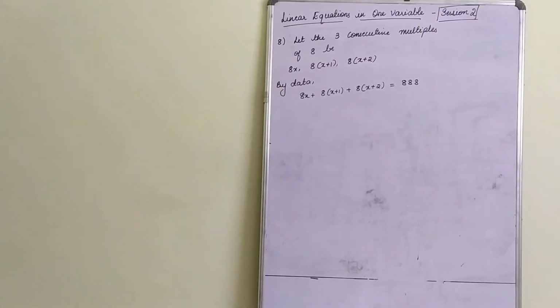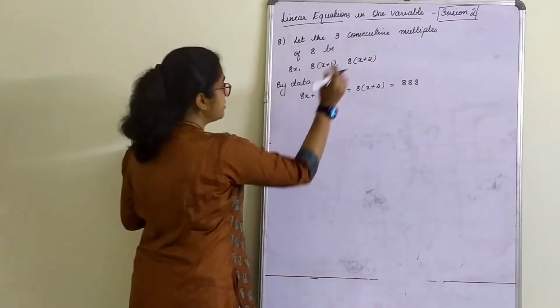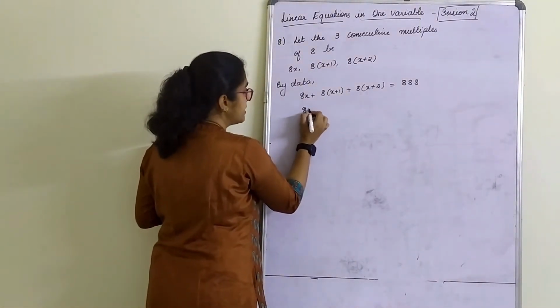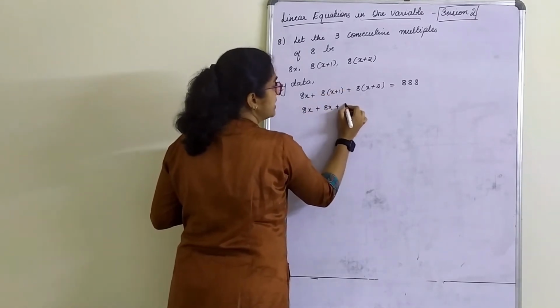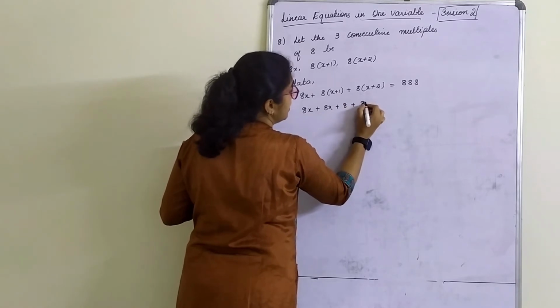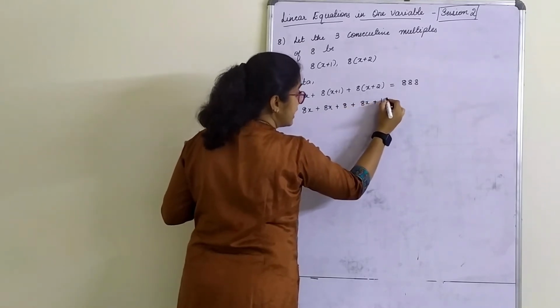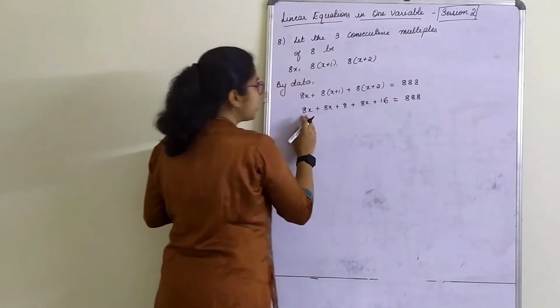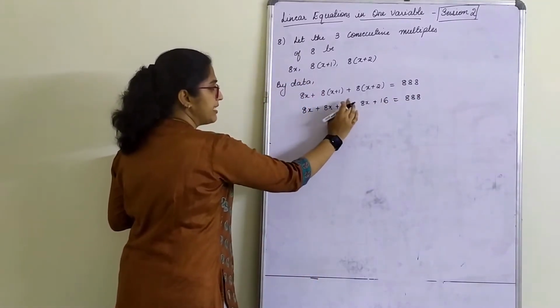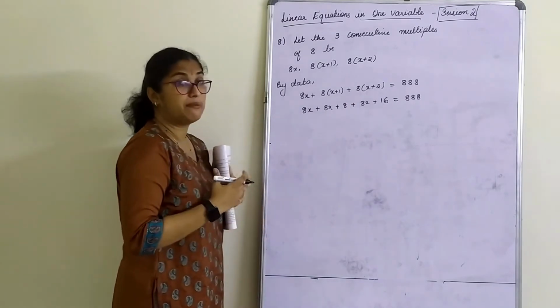Simplify the bracket. So let's open the bracket and simplify this. 8x plus 8x, 8 into 1 is 8 plus 8x plus 8 2s are 16 is equal to 888. Now see here, we can add 8x plus 8x plus 8x, 16 plus 8 and so on. That will be quite lengthy.